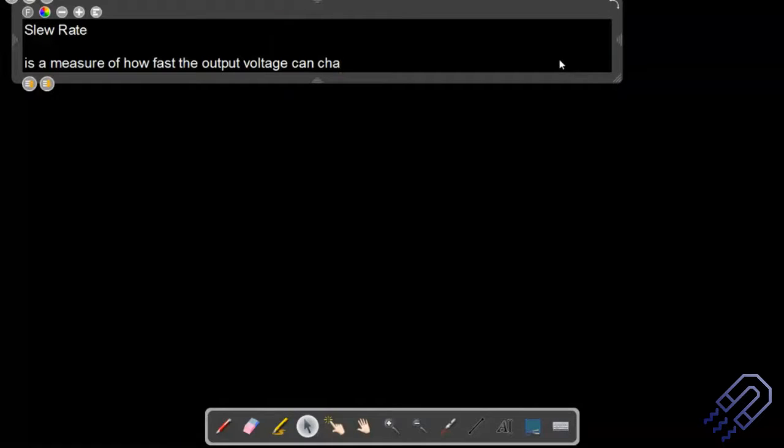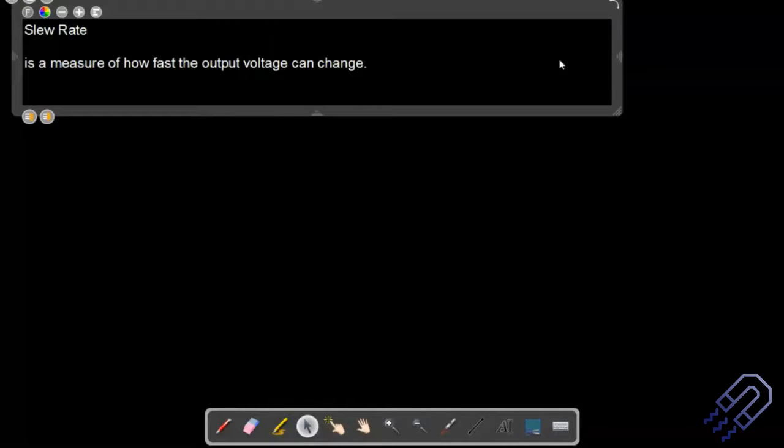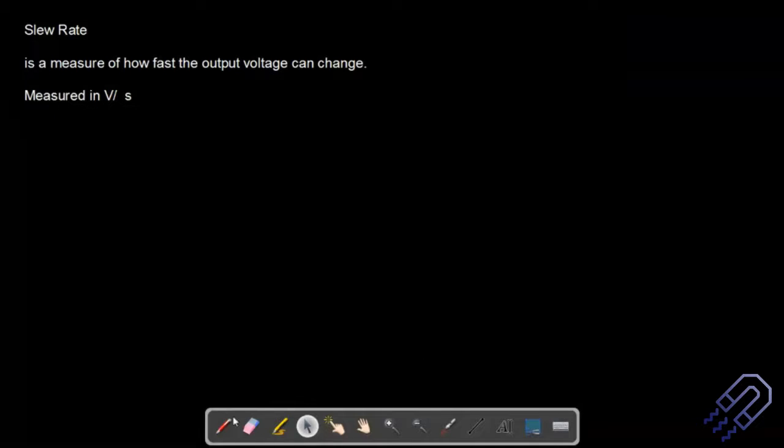It is usually measured in volt per microsecond. So per microsecond, how much is the voltage changing?